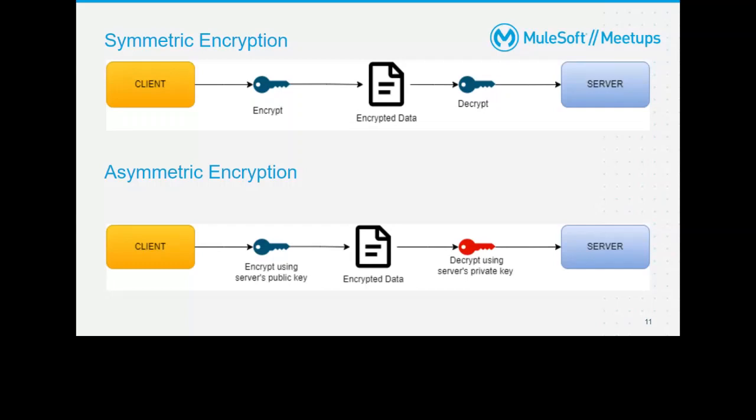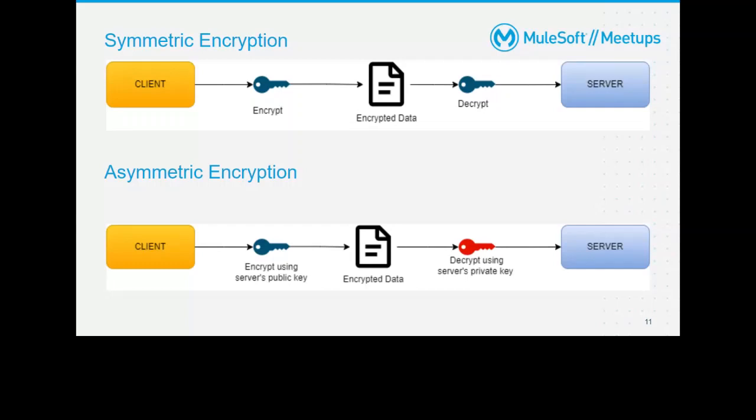Now the data exchanged between client and server is encrypted or decrypted using this public-private key pair. In our example, since the client wants to send data to the server, the server will generate the pair of two keys, a private key and a public key. The server will keep the private key to itself, and share the public key with the client.